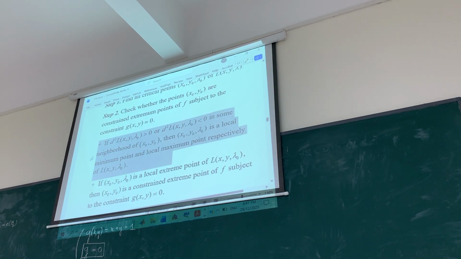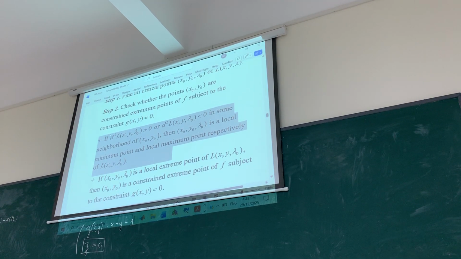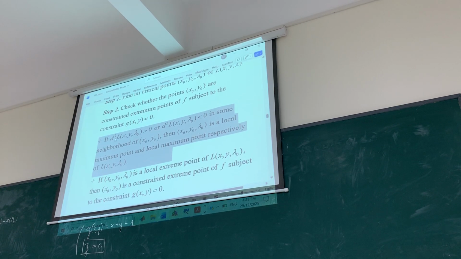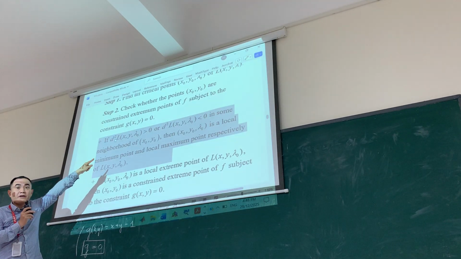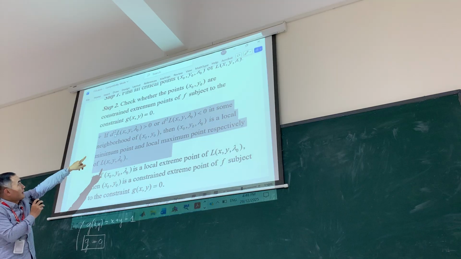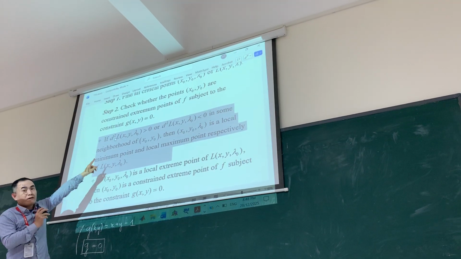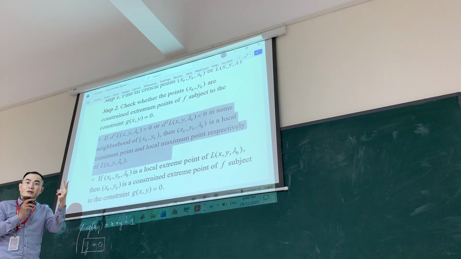Here we use the second order total differential d2L. Now you can see we fix lambda 0. When we fix lambda 0, the Lagrange function becomes a function of two variables x, y.